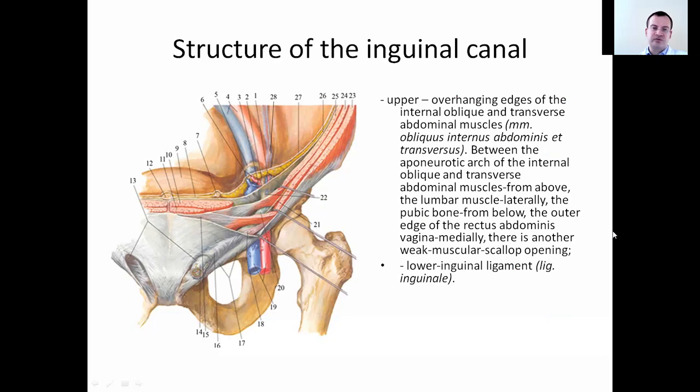Upper overhanging edges of the internal oblique and transverse abdominal muscle, between the aponeurotic arch of the internal oblique and transverse abdominal muscles, from above the lumbar muscle laterally, the pubic bones from below, the outer edge of the rectus abdominis vagina medially, there is another weak opening, a lower inguinal ligament.